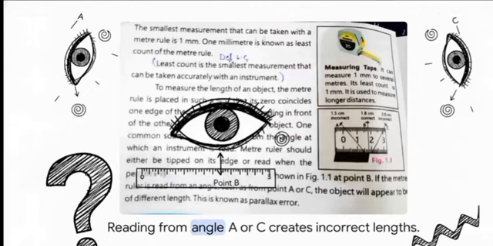But look what happens if your head is shifted just a bit to the left, looking from angle A. Suddenly, the object appears to line up with the 1.5 centimeter mark. That is a massive error. Or, if your head is shifted to the right, looking from angle C, the object suddenly appears to be 2.0 centimeters long. Just think about that for a second. The object hasn't changed size. The ruler hasn't moved a millimeter. The only thing that created these vastly incorrect lengths was the angle of the observer's eye.